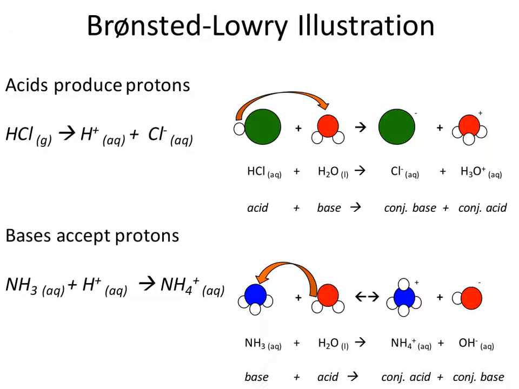We'll talk more about this a little bit later. When we talk about bases, in this case ammonia, we know is a base, but it doesn't have that OH. How does it act as a base? Well, once again, in this case, water is now acting as an acid. It's donating its hydrogen, and it's donating it to the base here to create ammonium. Now, notice, what else is created with this ammonium?